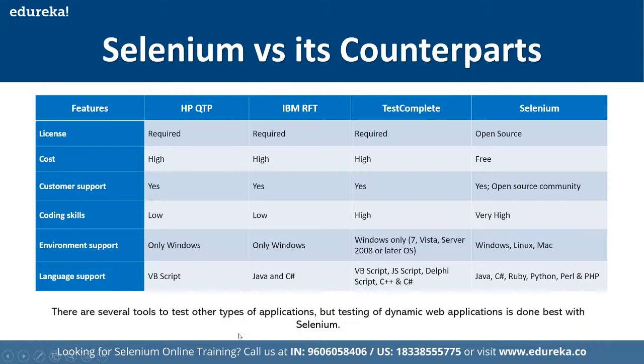There are several tools to test other types of applications, and it can be any kind of application. But when it comes to a dynamic web app, what do we mean by dynamic web app? It is basically an application where the functionalities fluctuate more, like an e-commerce website. Let's talk about amazon.in.